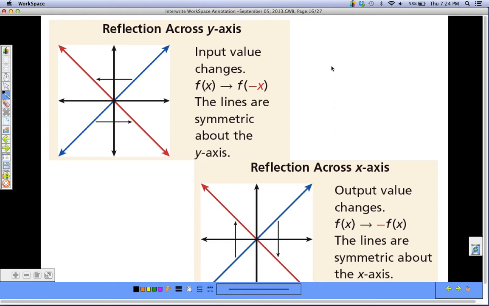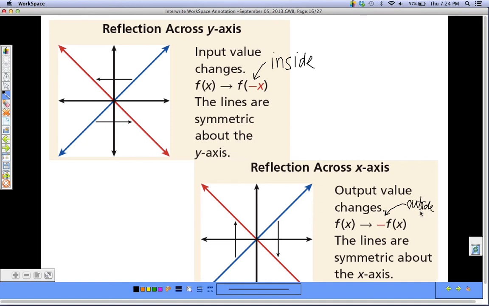The next thing we're going to talk about is the reflections. We have two reflections. We can reflect over our y-axis, and we can reflect over our x-axis. If the negative is inside your parentheses, then that's when we reflect over the y. If the negative is outside of our parentheses, that's when we reflect over the x.